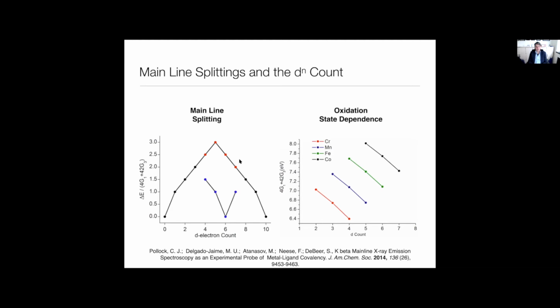And by and large, it's true, but there is an aspect to it that needs to be taken into account. The oxidation state dependence, of course, comes from the fact that the more oxidized the metal is, the tighter its radial function will get, and the tighter the radial function gets, the more exchange interaction there will be between the p and the d shell, and that, of course, will increase the splitting.